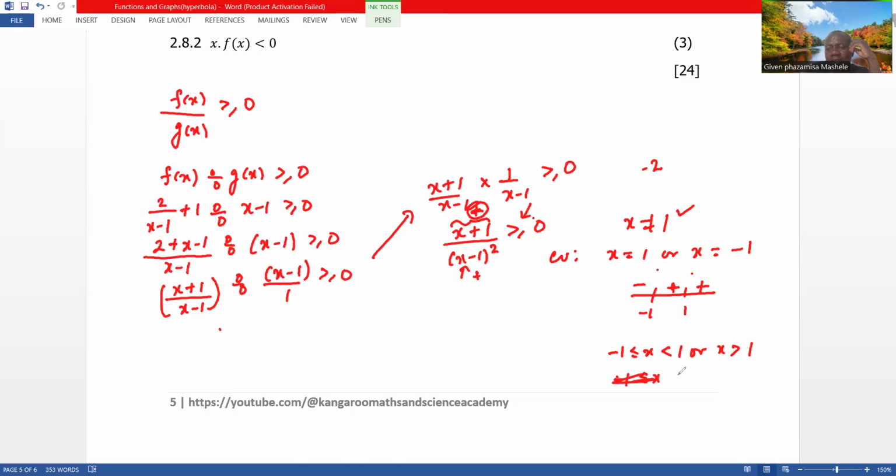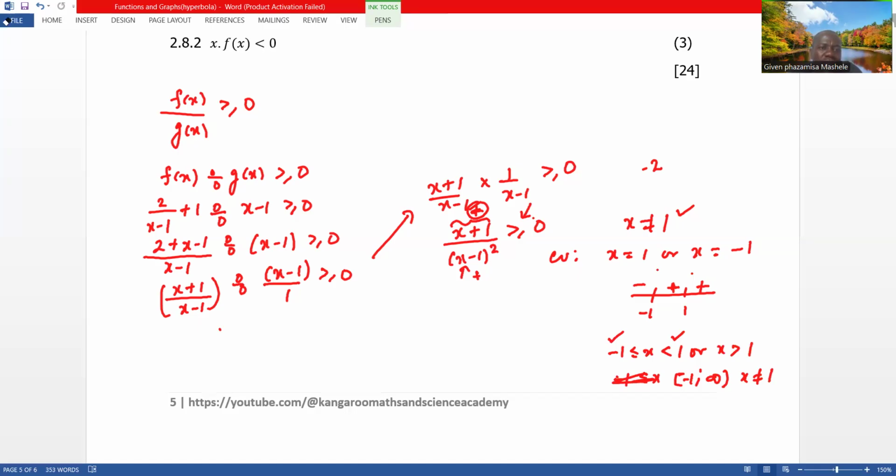So we can just say from -1 up until infinity, but x should not be equals to 1. Yes, from -1 to 1, or any number bigger than 1, excluding 1, which is what we actually got. It's just that I did not confirm the answers here.